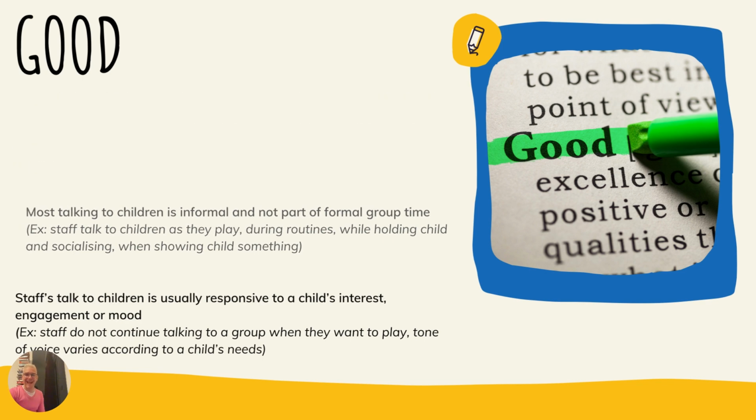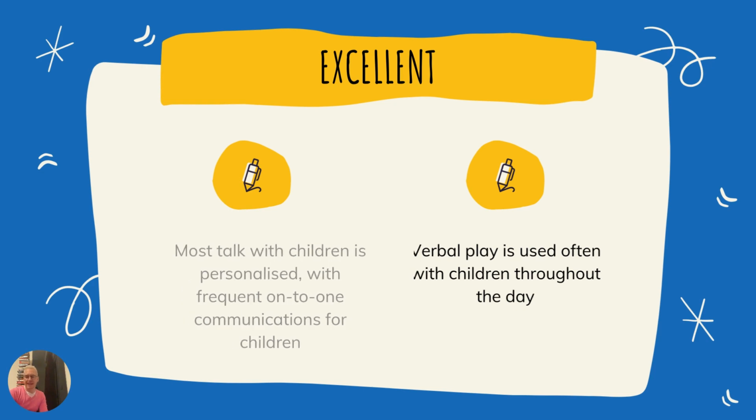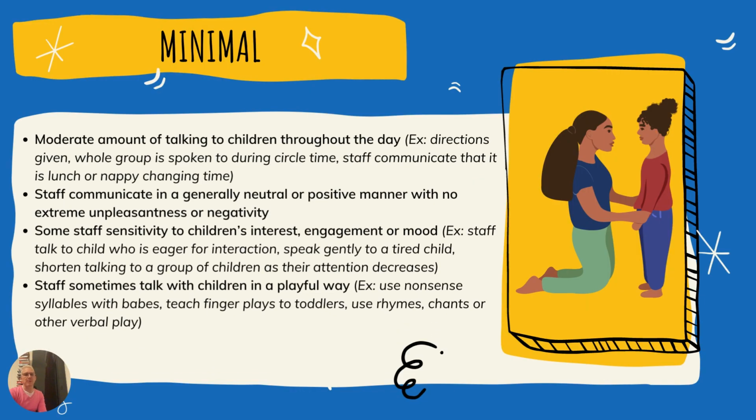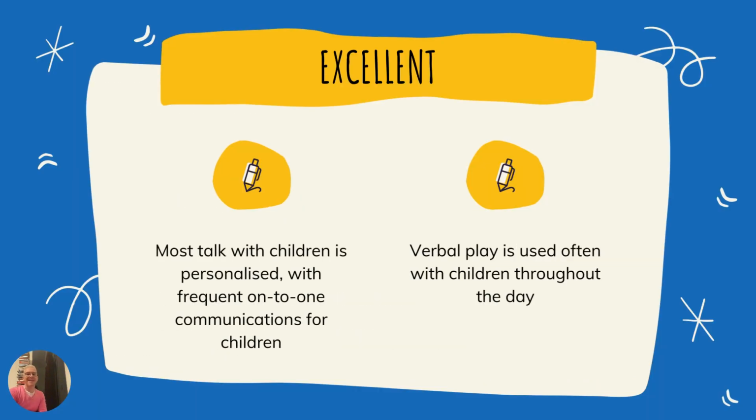Let's go ahead then and see what an excellent provision would include. So level 7. So obviously, in order to achieve level 7, you must achieve the minimal, you must achieve the good, and then there's these 2 additional criteria under the excellent rating of 7.